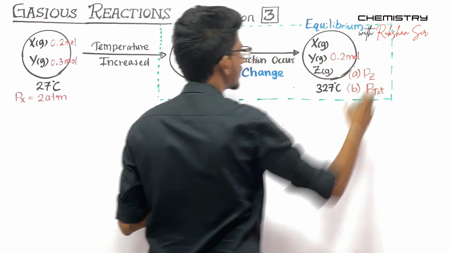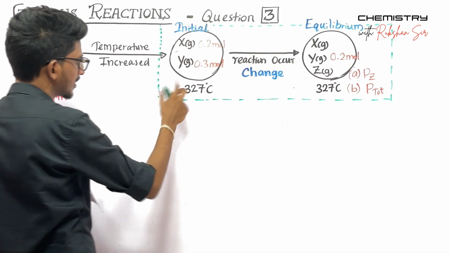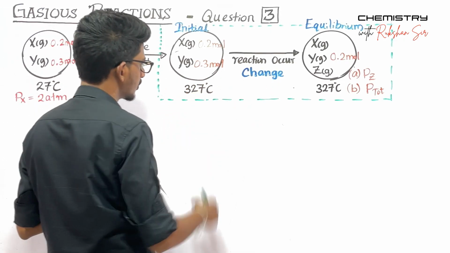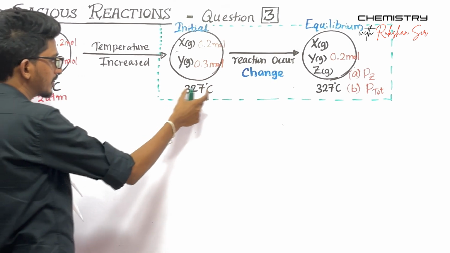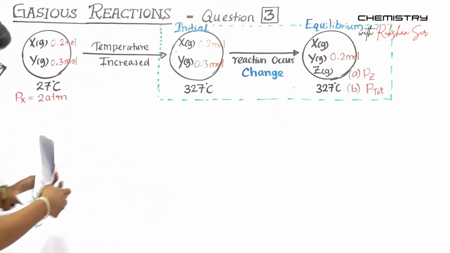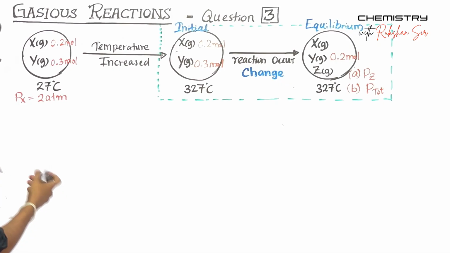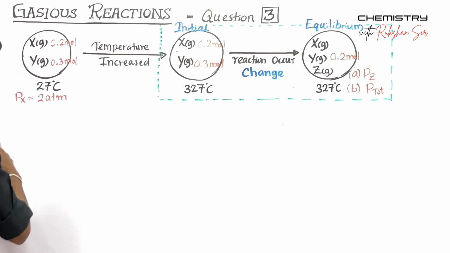Not here. The reaction occurs only after the temperature is increased, so the reaction table will be constructed for 327 Celsius, where the reaction occurs. So let's calculate the reaction table.